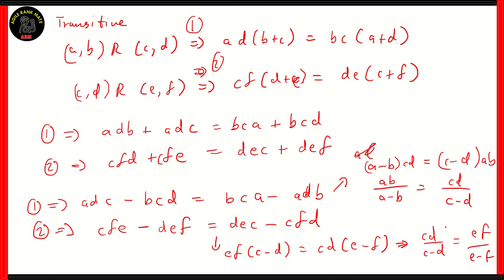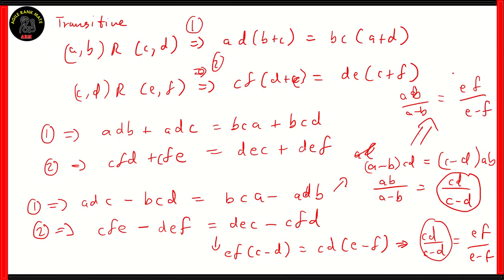Now we know that CD by C minus D is common on both equations, so therefore what we get finally would be AB over A minus B equals EF over E minus F. This is sufficient proof that R is transitive.